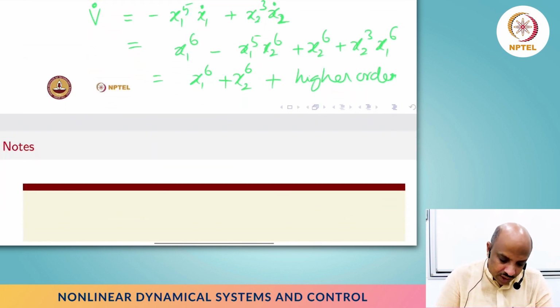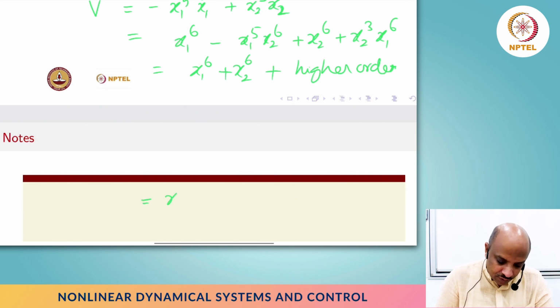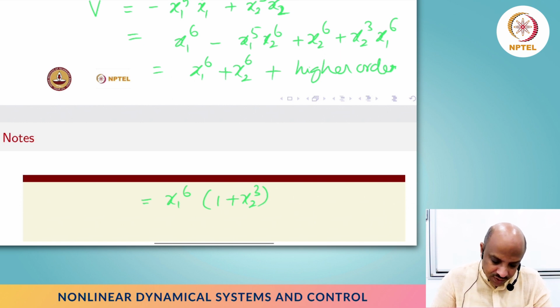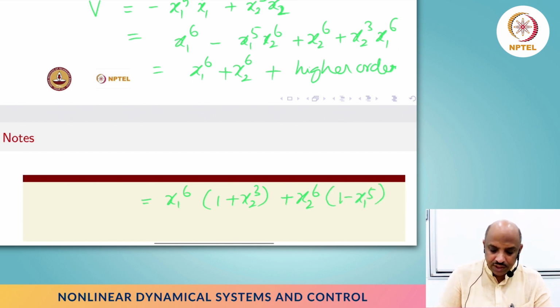So I'm going to get this is equal to x1 power 6 times (1 plus x2 cubed) plus x2 power 6 times (1 minus x1 power 5). The thing is, this x2 cubed and x1 power 5 term, when close to 0, is going to be much smaller than 1.